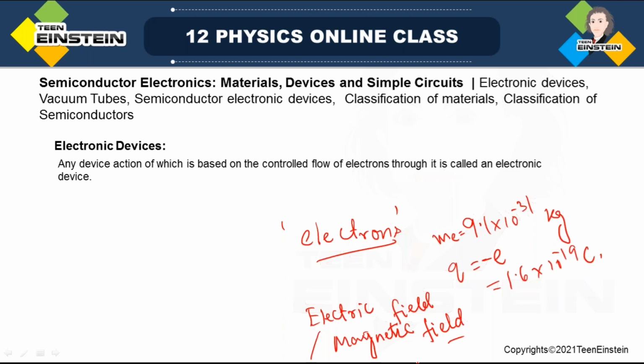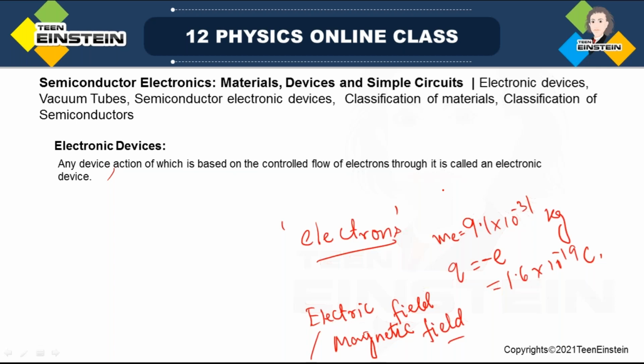Because of these properties of the electron, in electronic devices the flow of electrons is being controlled. So here it is said that any device, the action of which is based on the controlled flow of electrons through it, is called an electronic device.